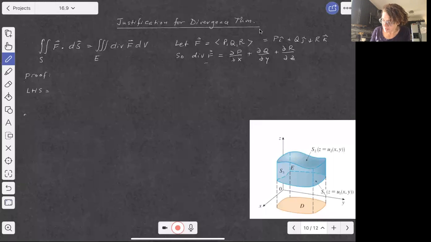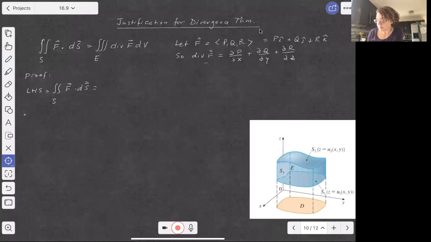As I said, we're going to take the left-hand side and rewrite it. So the left-hand side is the double integral over S of F dot dS. Bearing in mind that our F can be written in this way, I can separate that into three subintegrals.